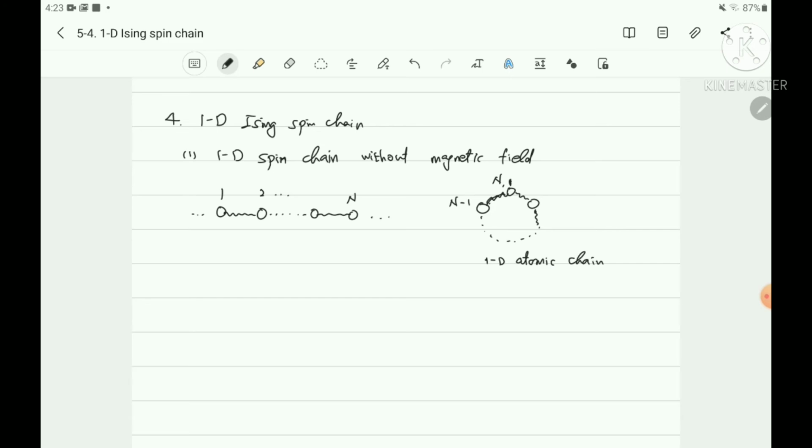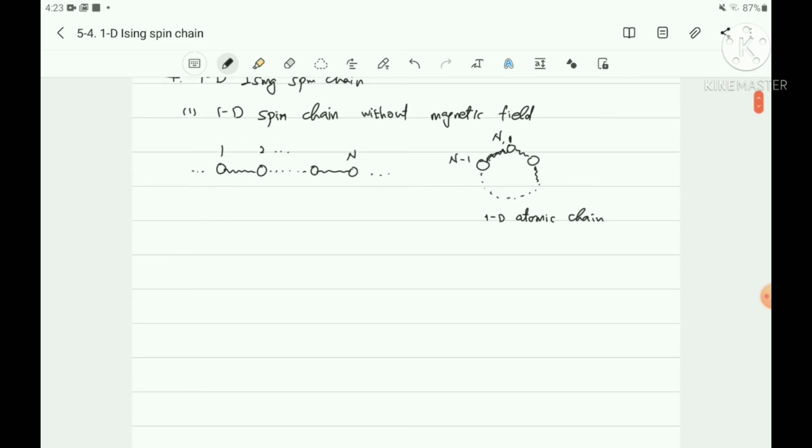It describes a periodic boundary condition, and because we do not take into account the magnetic field in this case, the Hamiltonian can be written with only the exchange interaction term: minus J summation for i equal to 1 to n-1 of sigma i sigma i plus 1.